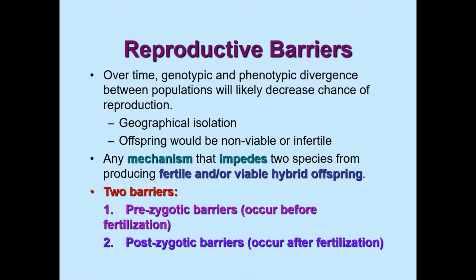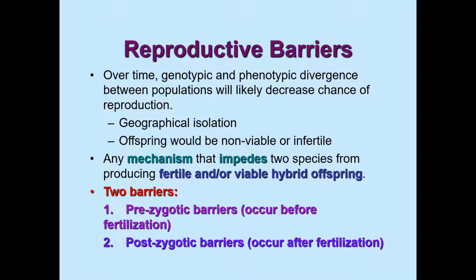And then reproductive barriers. Over time, you can have genotypic and phenotypic divergence between populations that will decrease the chance of reproduction. You can have geographical isolation, and you can also have offspring that will be infertile or non-viable, which means they won't live very long.